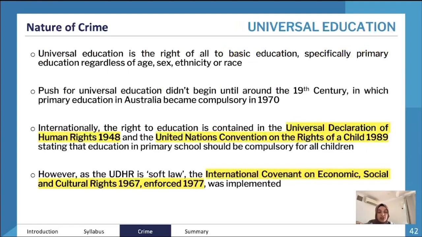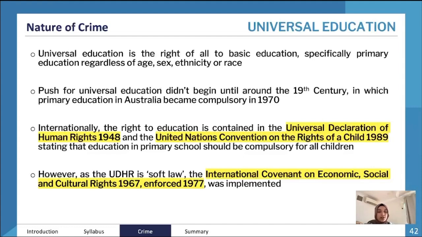Next up, universal education. So universal education is the right to basic education, specifically primary education, so from kindy to year 6, regardless of who you are. The push for universal education didn't really begin until the 19th century, in which primary education in Australia became compulsory in 1970.